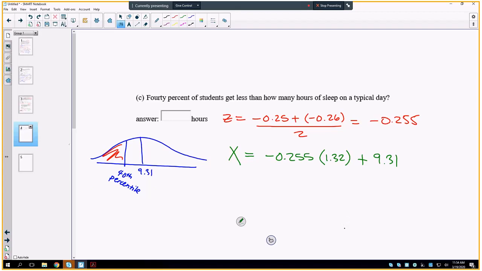So that's 8.9734 hours. And that answers my question. 40% of students get less than this amount, 8.9734 hours.